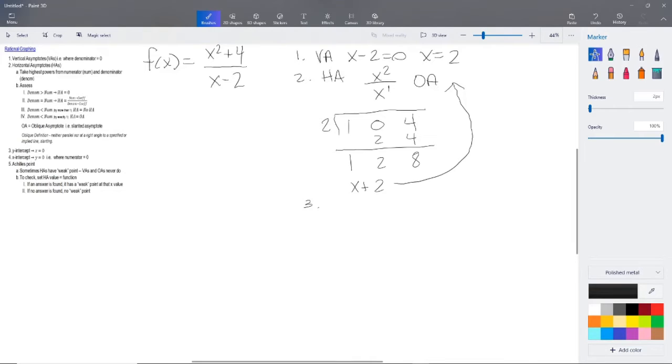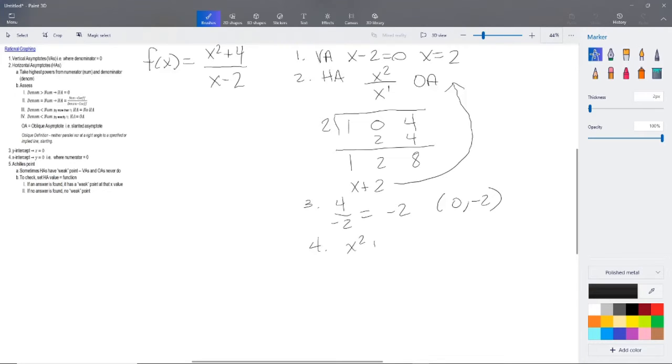All right, step number 3, the y-intercept. What happens when x equals 0? So we're going to get 4 in the numerator. We're going to get negative 2 in the denominator, which gives us a grand total of negative 2. Make sure you write that the right way, though: (0, negative 2). Step 4 is the x-intercept. And the x-intercept happens where the numerator equals 0.